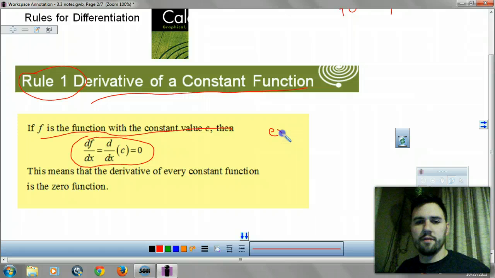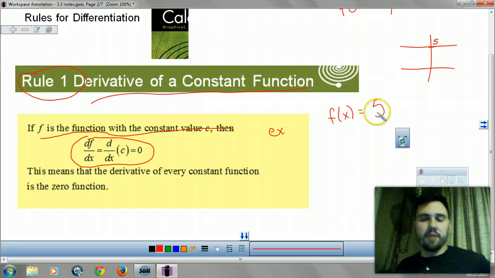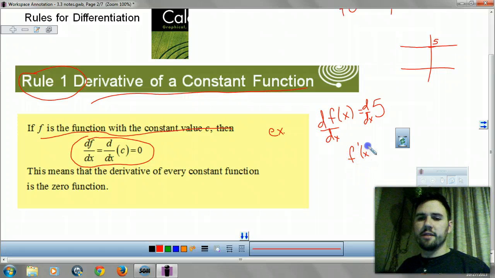For example, if your function is 5, it looks like a graph like this, obviously your slope is going to be 0. You aren't going up anyway. So when you take your derivative, your f prime of x is going to be 0.